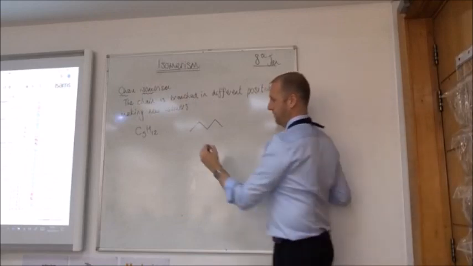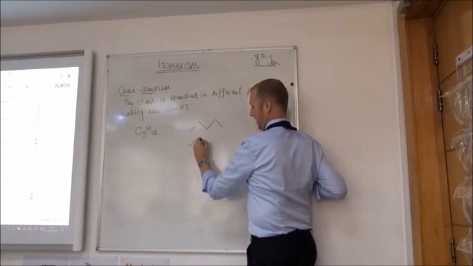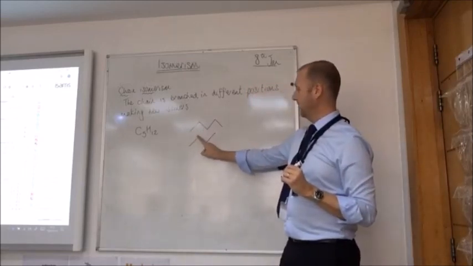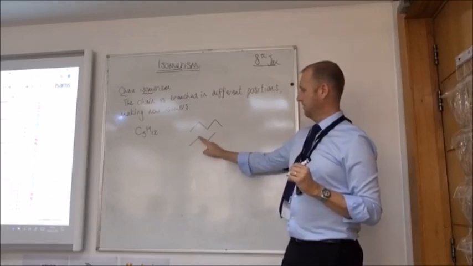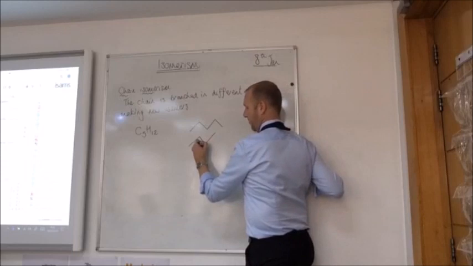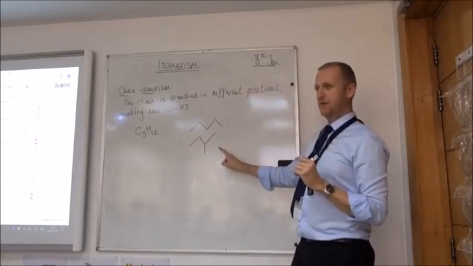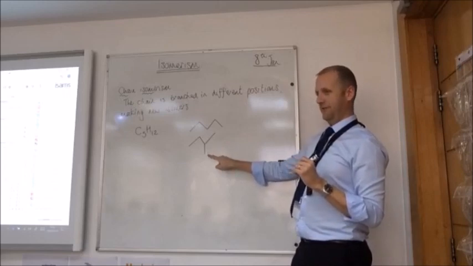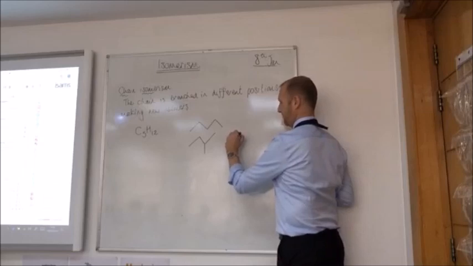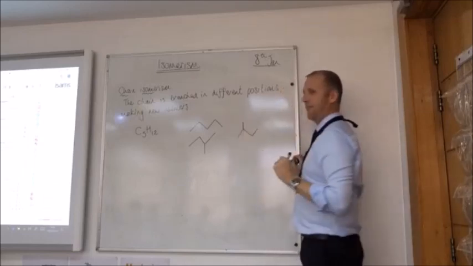If I want to make a branched version of this, I need to make it shorter. For a start, it can only be 1 shorter, for now. And then I'll put a branch on here. I'm pretty sure all of you did that version. Did anyone draw that one as well?